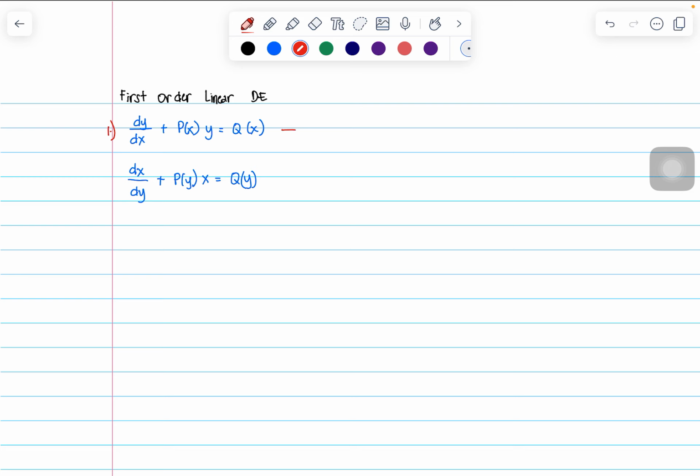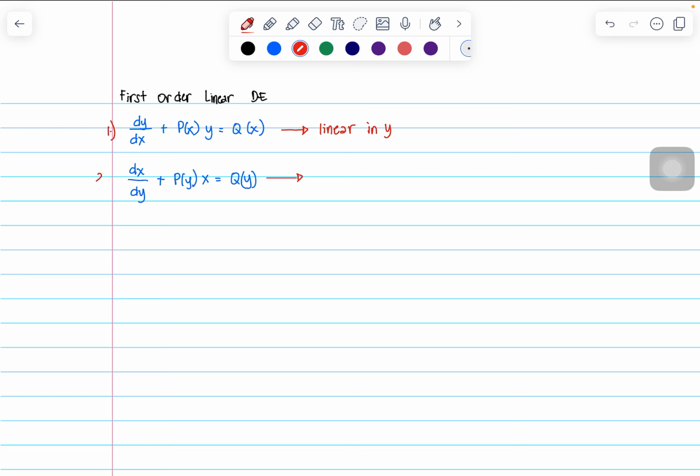If you see an equation in a form like this, take note that there is a p of x and a y. As you can see here, the y is only to the power of 1. So meaning this is linear in y.